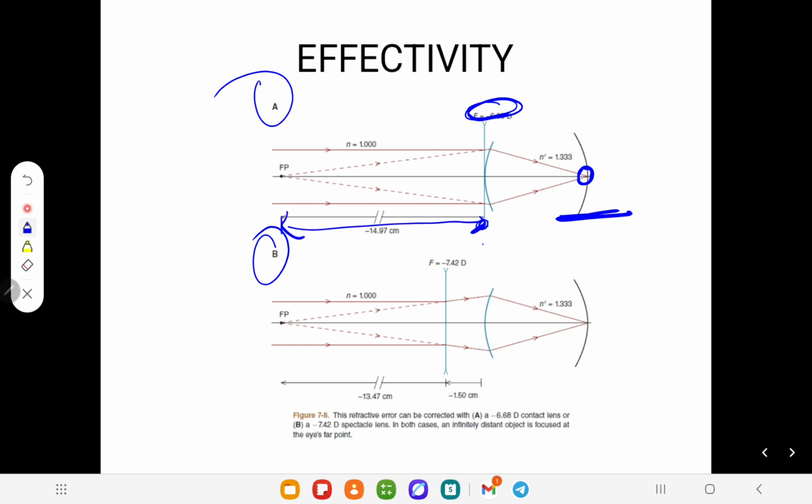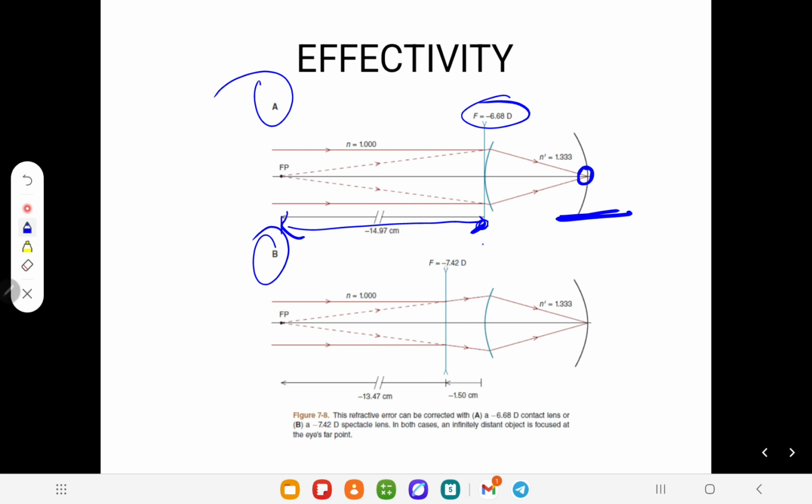See, this is the picture of a contact lens correcting the eye with a power of minus 6.67, minus 6.68. So when the contact lens moves to spectacle, isn't it the upstream version? Simple thing. Now why does the power increase in spectacle?